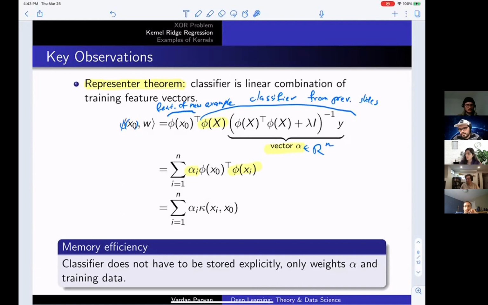A linear operator can be represented as an inner product, even simpler words. So what is being represented here? I guess the classifier is being represented as the kernel function evaluated at the samples. Yeah, exactly. So what's being represented is the classifier, and the representations are these scalars alpha_i.